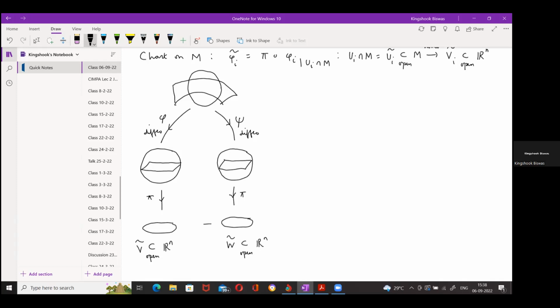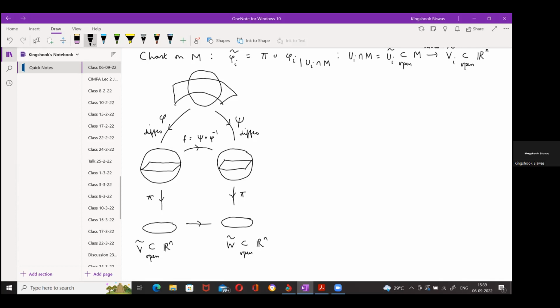So then this is my change of charts, right? And this change of charts is the same as just I take this smooth map here, right? Say F equal to psi composed phi inverse.